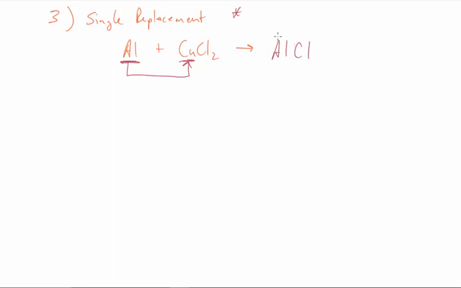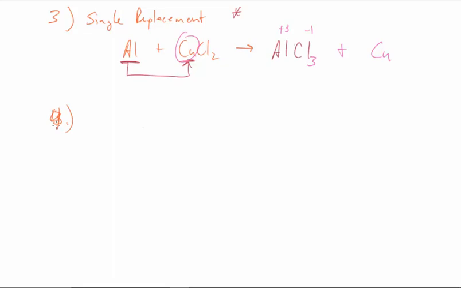Well, looking at this, I know aluminum forms a +3 ion, chlorine is a -1, so I need 3 chlorides in that particular compound to balance out those charges, and then the rest of this, my copper, would just be written by itself. And again, that looks like a single replacement reaction. I have a different single element on each side. Just remember, if you're recognizing them as single replacement reactions, guys, don't forget to check the reactivity series, right?